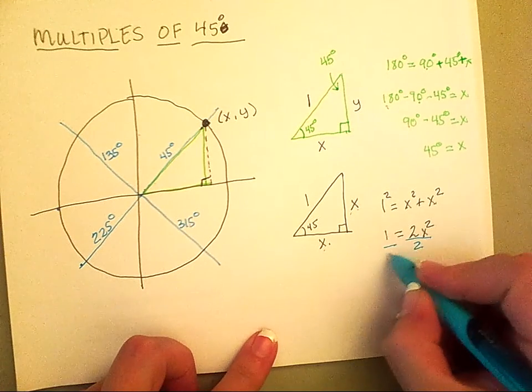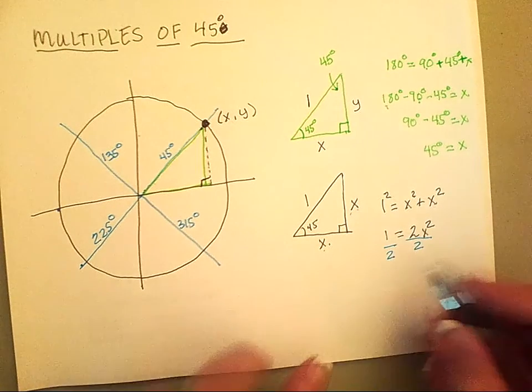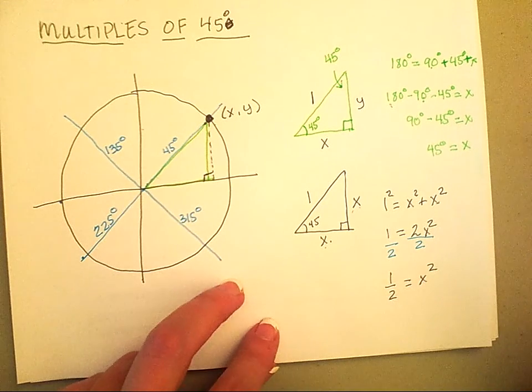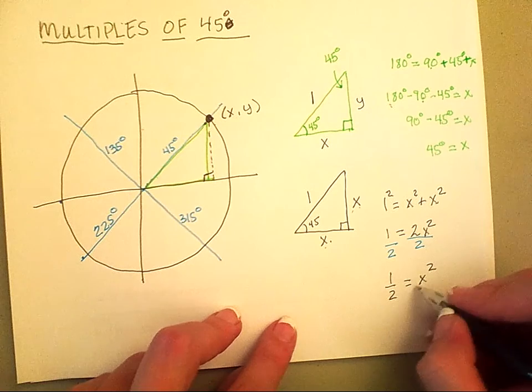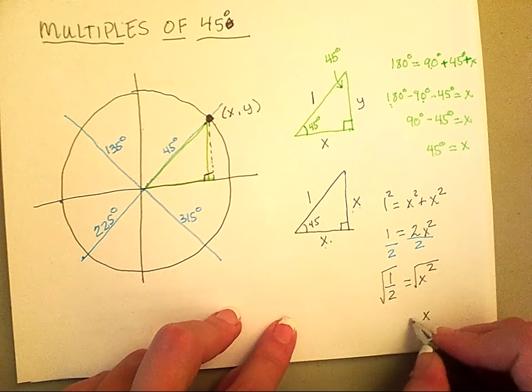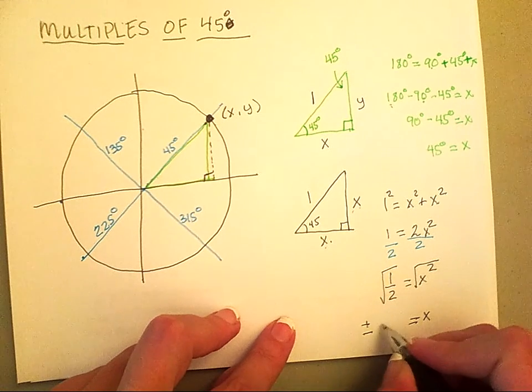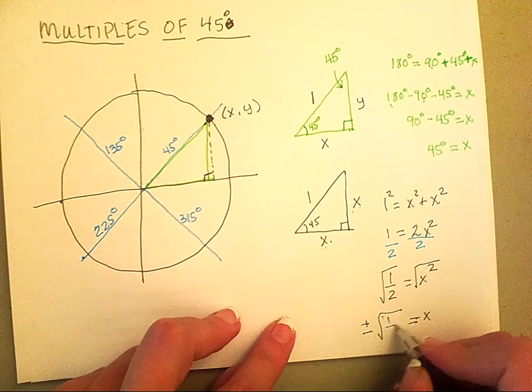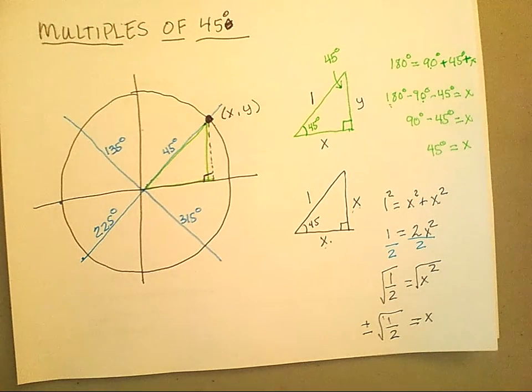Let's divide through by 2. So we would have 1/2 is equal to x squared. And now I need to take the square root of both sides. So x is equal to plus or minus the square root of 1 over 2.